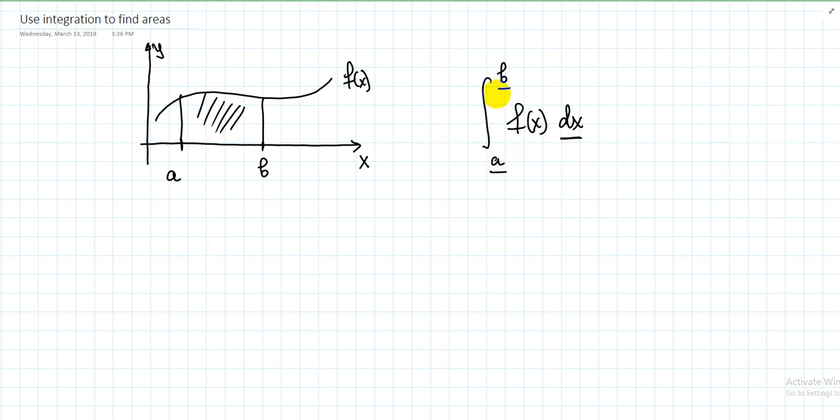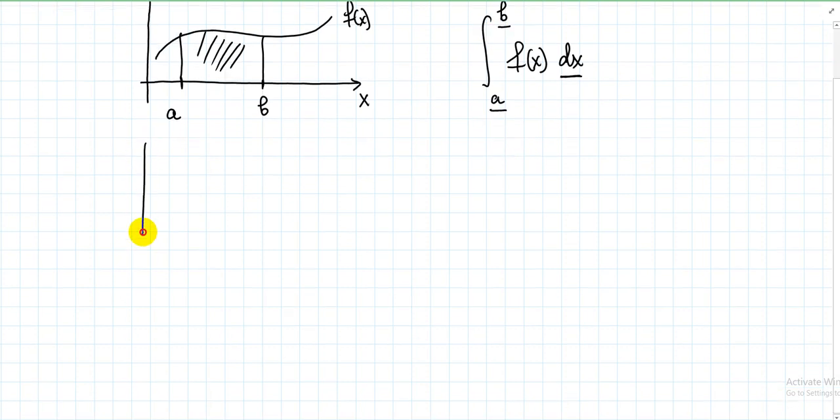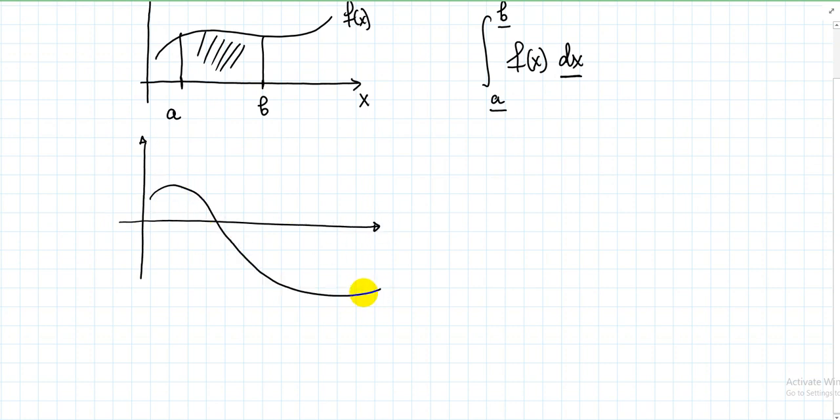But is it possible that the integration is negative? The area cannot be negative, but the integration can be negative, okay? Yes, because the values of the function can be negative. For example, if you would like to find the integration of the function which is below the x line, for example, your function is like this, okay?